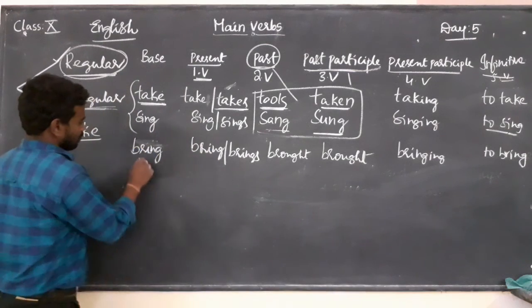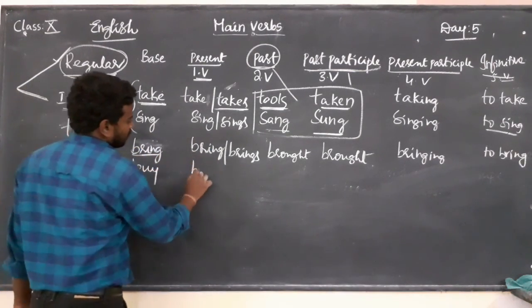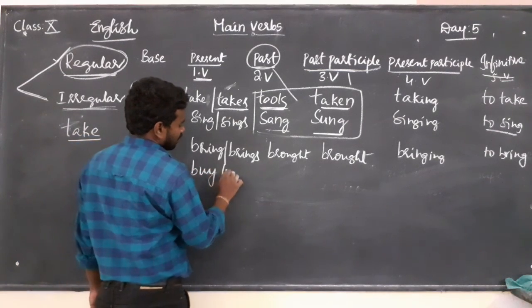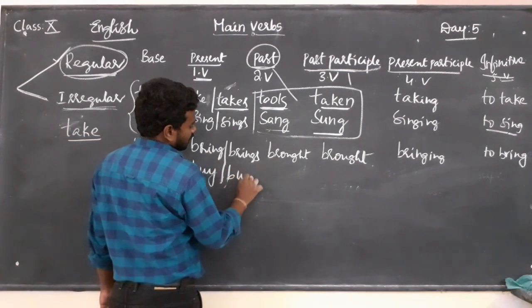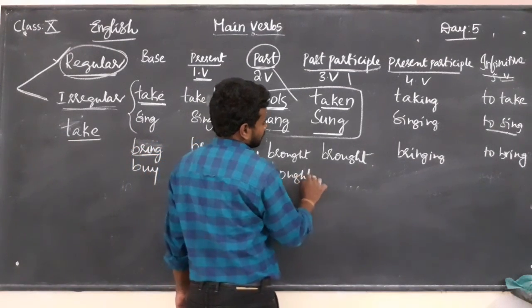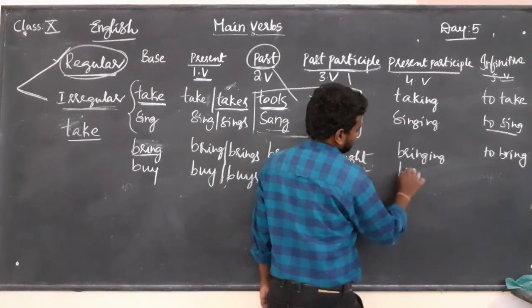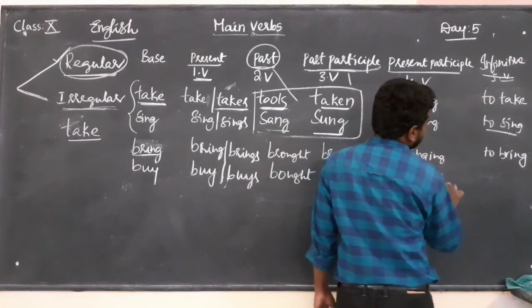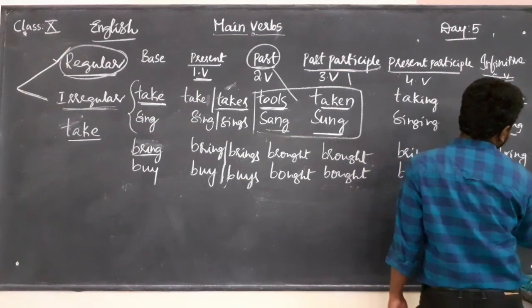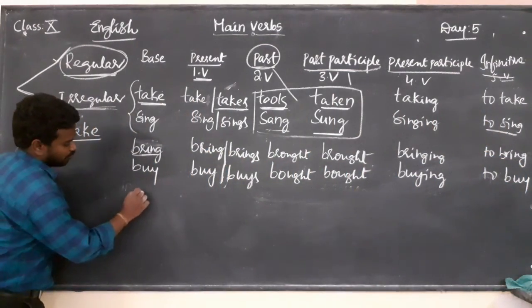So now here one more verb, buy. So how do you write buy? Buys, bought, buying, to buy. Right. Let me write two more verbs.